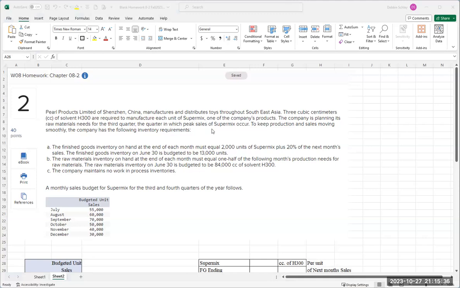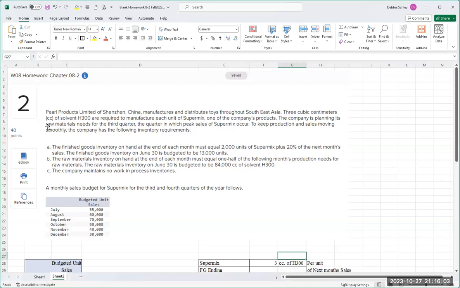Okay, so I am going to put that down here because that's important. 3 cubic centimeters of H300 per unit of Supermix. Okay, one of the company's products. So that's what Supermix is. It's one of the company's products. The H300 is what it takes to make Supermix.